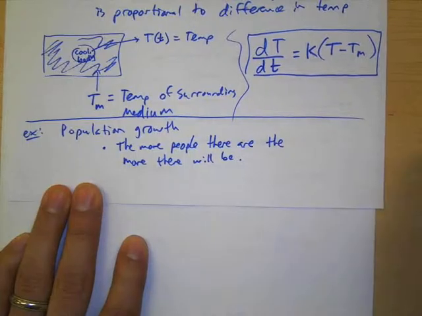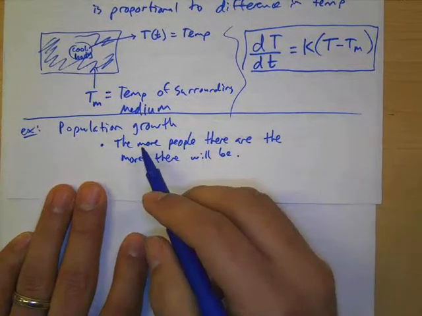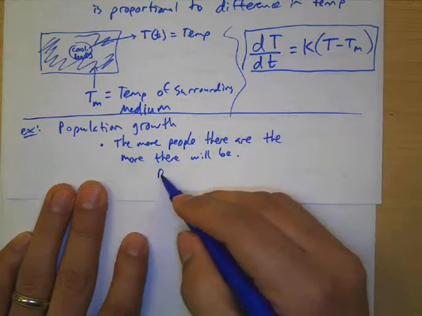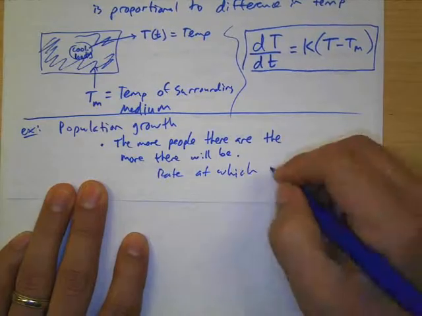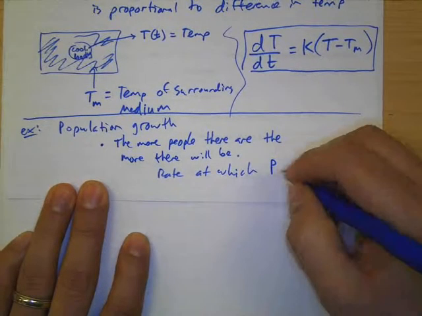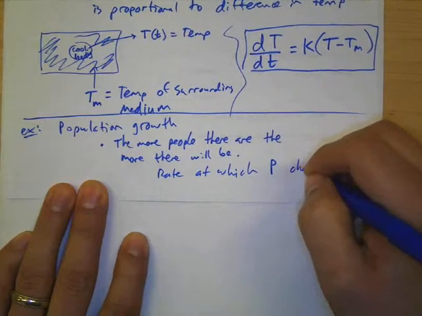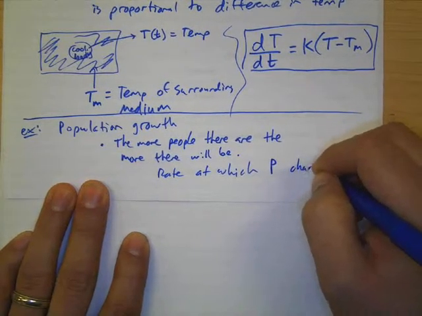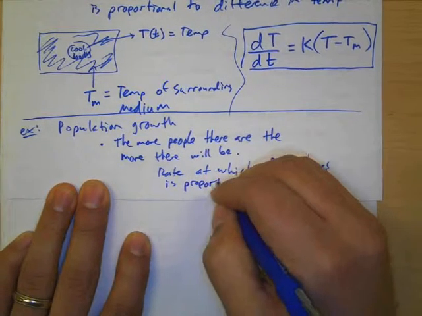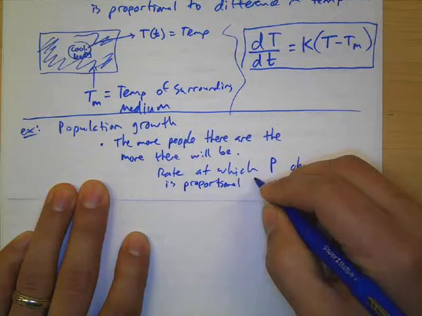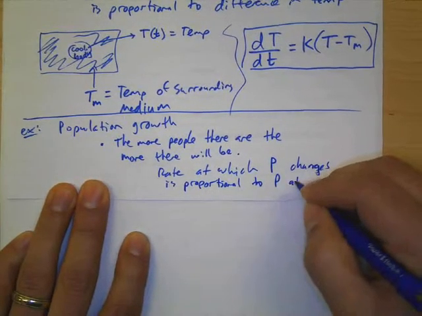So working with this assumption, this means that the rate at which the population, let's call it P, expands or grows or changes, is proportional to the current population at time t.